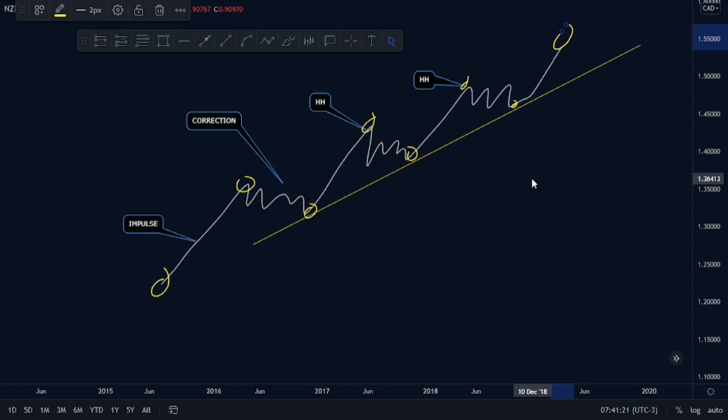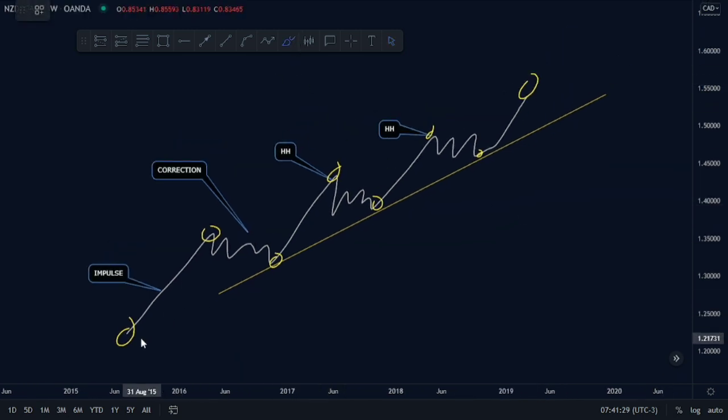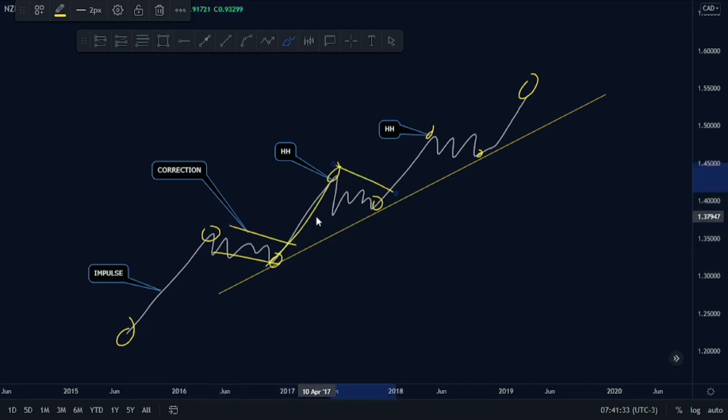Now let me dive into identifying my phases so that I can get to know what phase I am in the market. If you can check, this is an impulse, correction, impulse, correction. That's how the market moves. Impulse, correction. Now whenever you question yourself, okay, this is a correction, then what phase is this? This is basically an impulse, and it's a new all-time high. What am I anticipating next?